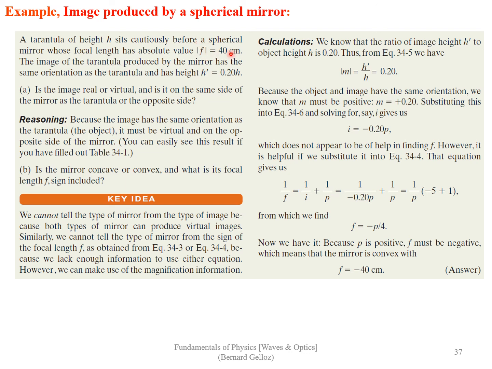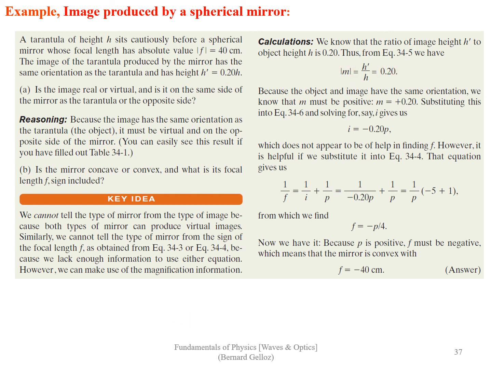So we don't know if the mirror is convex or concave. So the image has the same orientation, and they give you this relationship. So this, in fact, gives you the magnification, absolute value, and it also gives you that the image has the same orientation as the object. Therefore, M is positive. So M equals 0.20 and positive.